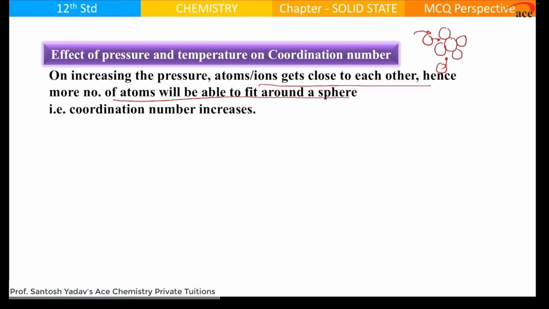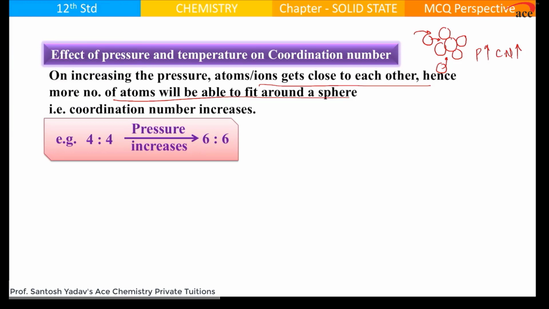So, what is the effect of pressure? As pressure increases, coordination number increases. So, a 4:4 solid will become a 6:6 solid. Remember that. Now, when you decrease pressure, what do you expect will happen? Will coordination number decrease?